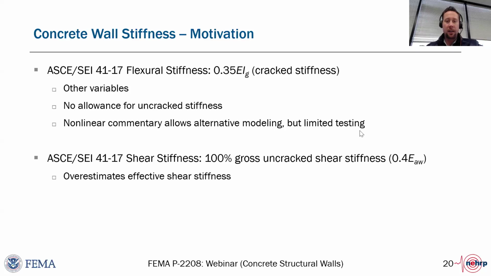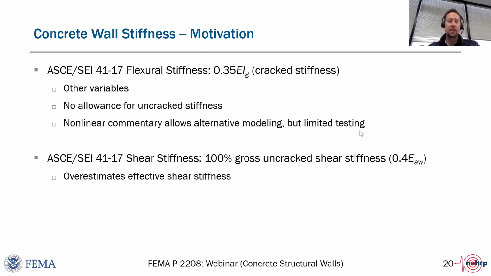The other thing that we looked at is whether you wanted to consider the wall cracked or uncracked. In most cases, if you actually calculate the cracking moment strength and look at the demands in a high seismic region, where we're worried about nonlinear actions and high seismic hazards, usually your walls are going to crack. Basically, all the walls in the building are going to have some level of cracking.